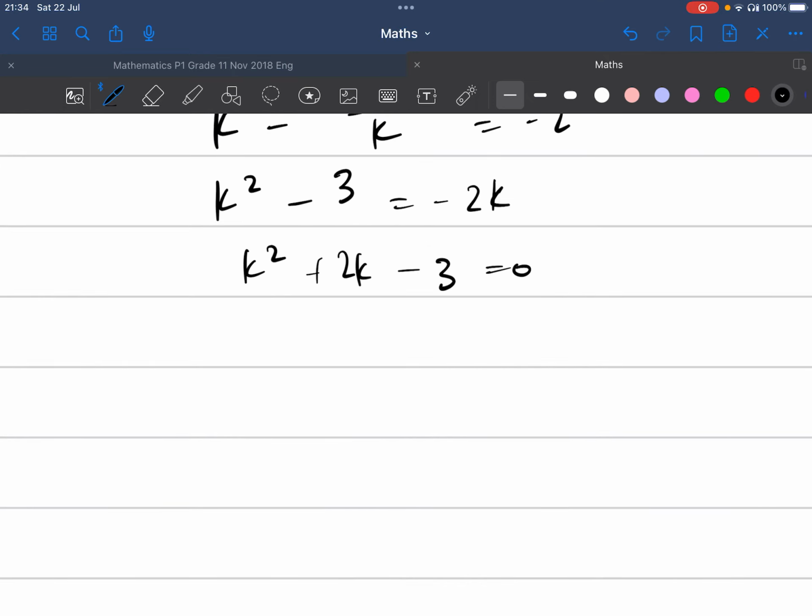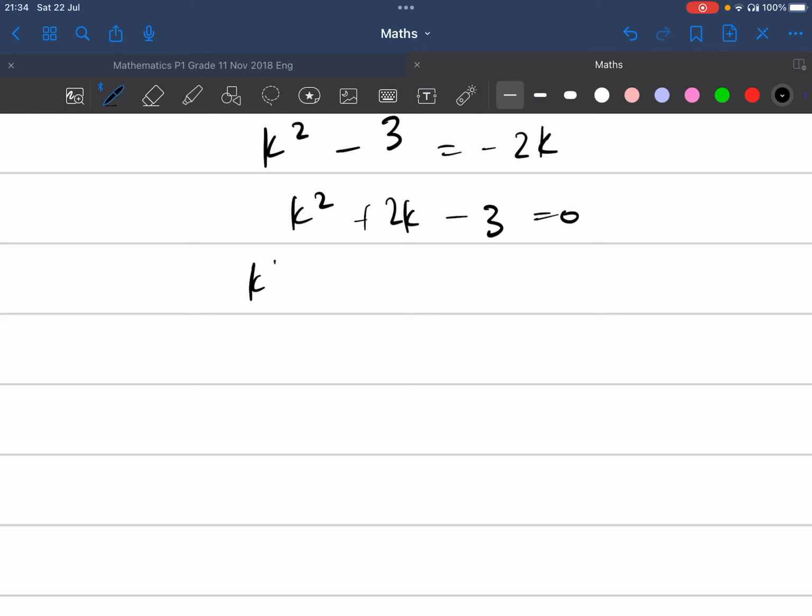And now let's just use some common factors for this one. Remember when we try to factorize this trinomial, we have to find two numbers that when you add them together, must give you 2, and when you multiply them, must give you minus 3. So what two numbers are those? Well, let's think about the factors of 3. 3 only has 3 and 1, it's a prime number.